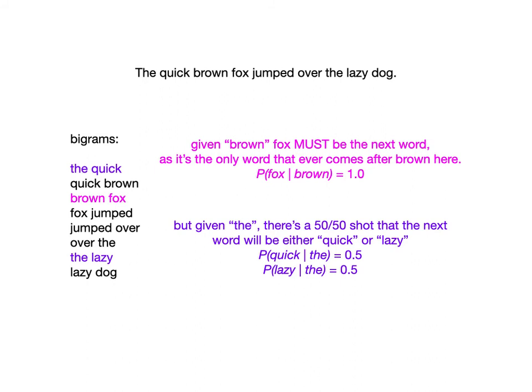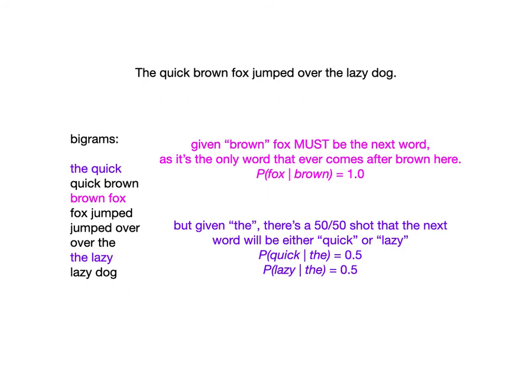So the probability of fox given brown is 1, whereas the probability of anything else given brown is going to be 0. Does that make sense? That's the idea that based on what we've observed over here, we can create these probabilities.